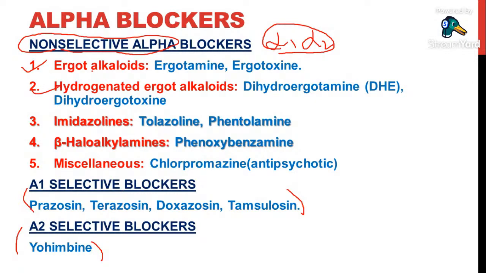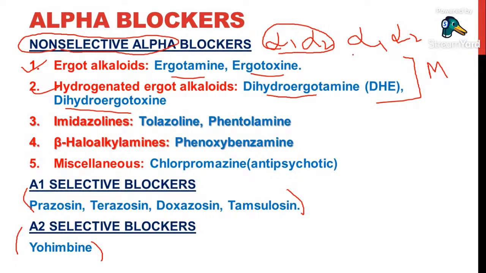Actually, these are the drugs used in migraine. These ergot alkaloids and hydrogenated ergot alkaloids like ergotamine, ergotoxine, dihydroergotamine, and dihydroergotoxine, all these drugs have both alpha 1 agonist action and alpha 2 agonist action.